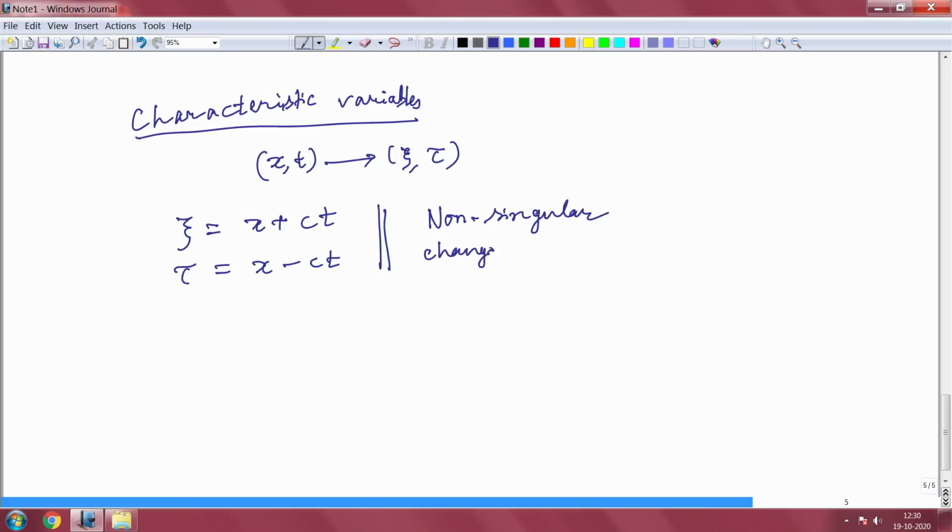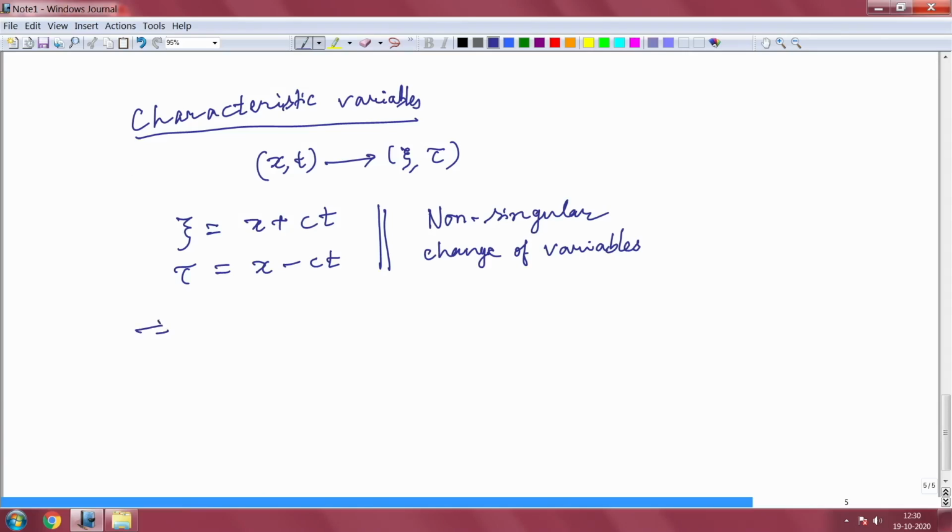If you compute the Jacobian, you see that it is non-zero everywhere. So, this helps us go from one coordinate system to another.